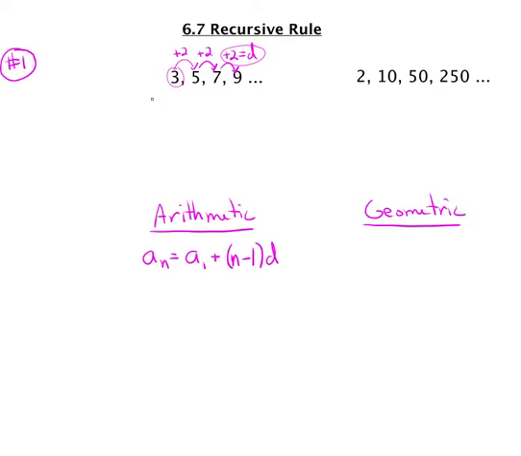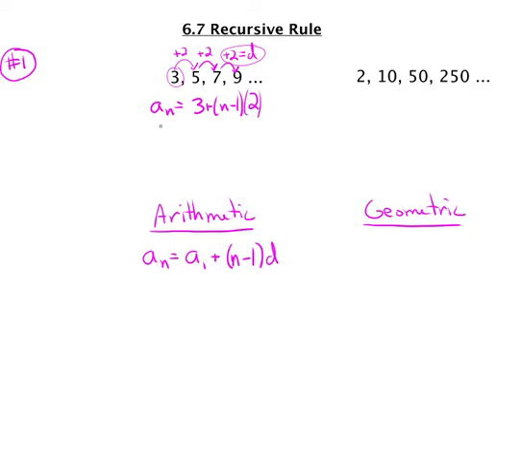So we can write that as a sub n equals the first term, which is 3, plus n minus 1 times our difference, which is 2.